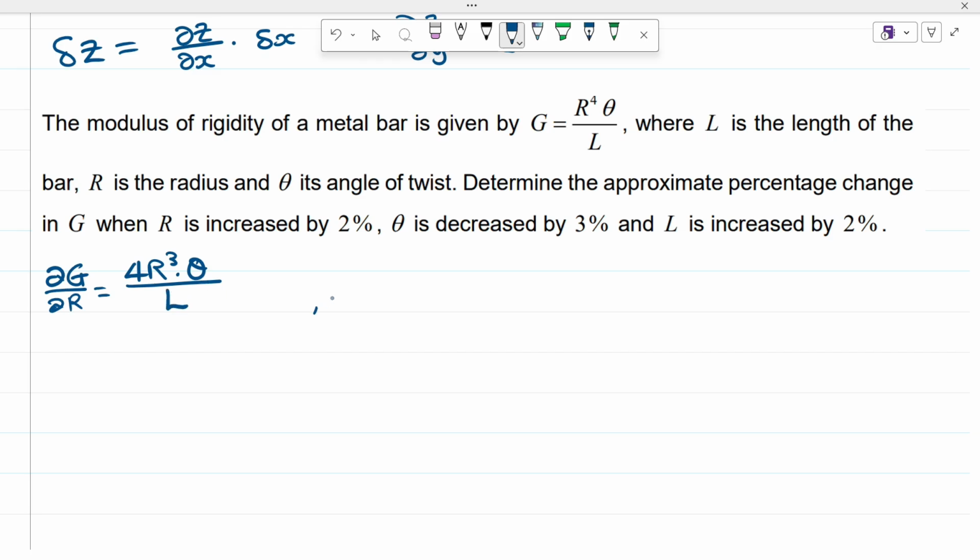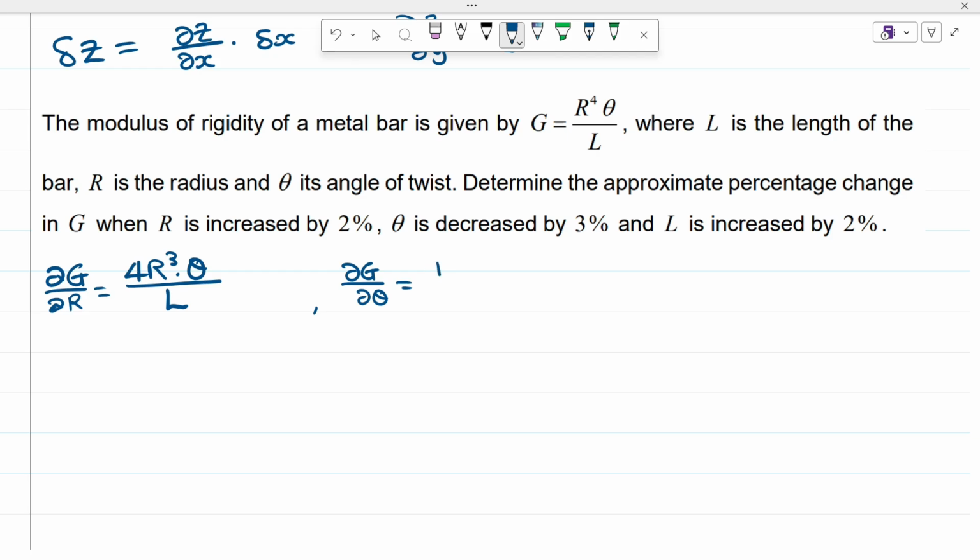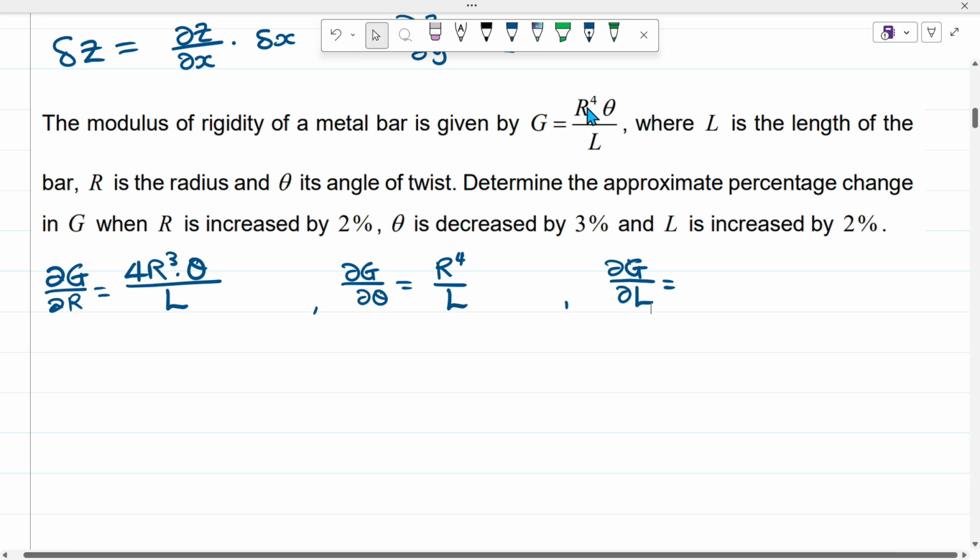Yeah. And then now let's calculate the partial derivative of G with respect to theta. Now how much is this going to be? That means R and L are constants. So with respect to theta, we're just going to get R to the power 4 over L. And then the last one, partial derivative of G with respect to L. That means now R and theta are constants.